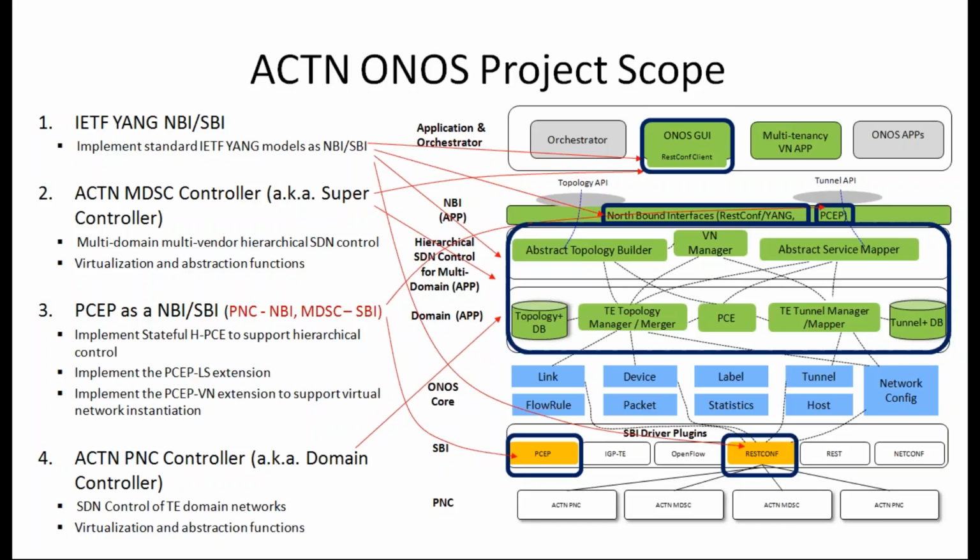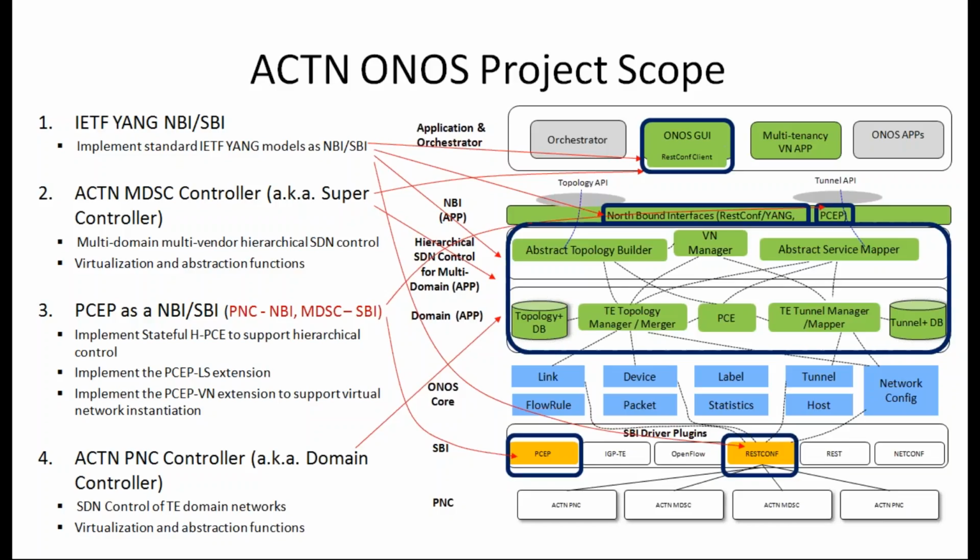At the interface, we will also implement PCEP protocol extensions used as a northbound interface as well as a southbound interface with respect to different layers of controller. There will be implementation of stateful hierarchical PCE extensions, PCEP-LS extensions, as well as PCEP virtual network extension.